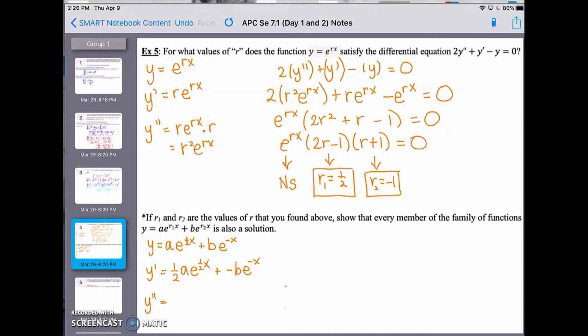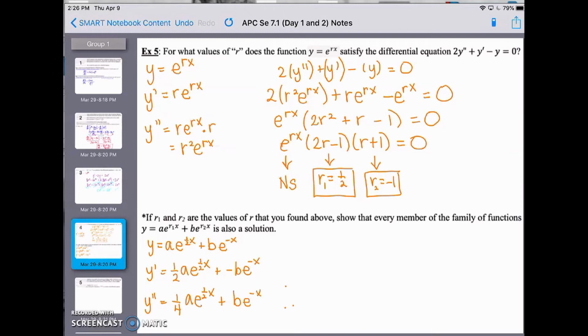I'm going to have all this 1/2 a e to the 1/2 x, but then I have to multiply by the derivative of my exponent, which is 1/2. So the 1/2 times the 1/2 is going to make 1/4 a e to the 1/2 x. And in my second term, the negative 1 from the exponent that I have to multiply is going to make the negative b become a positive b e to the negative x.